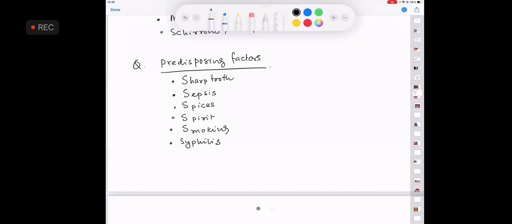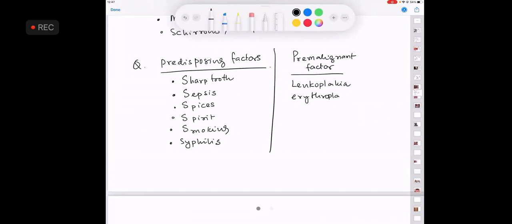Okay, they are called predisposing factors. But can you name me some pre-malignant factors? Sir, pre-malignant, very good, is leukoplakia, erythroplakia. We have a case with leukoplakia also. Okay.